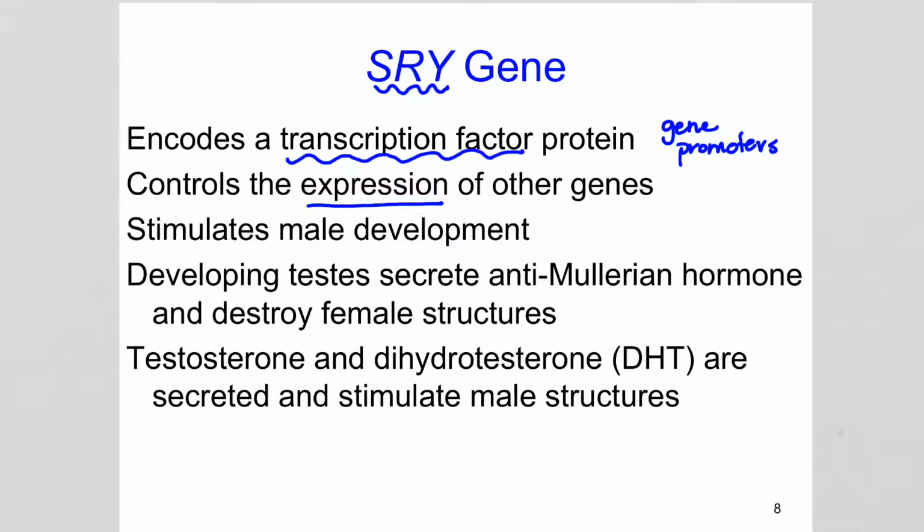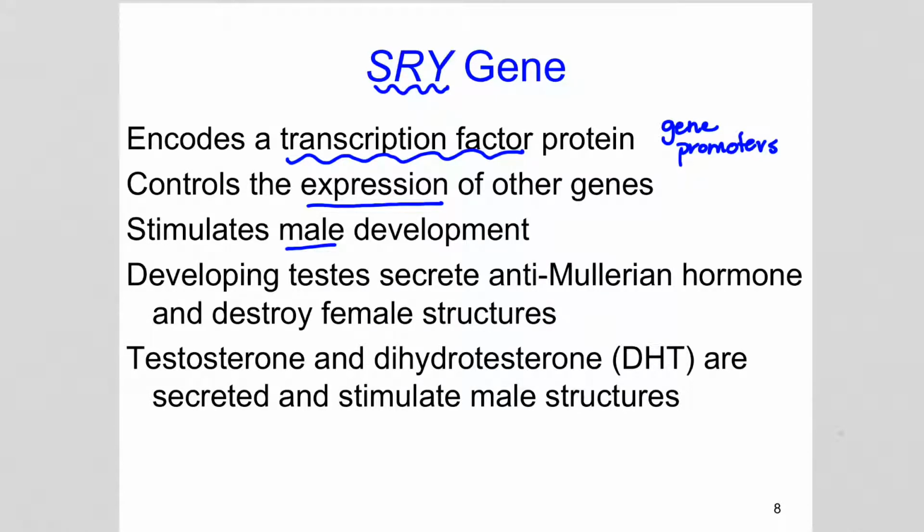So the expression of these other genes does multiple things. One is they produce hormones that stimulate male development. And we've already covered how one of the roles of these hormones is to specialize the duct system.